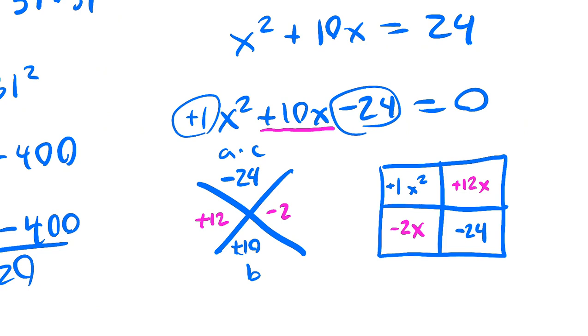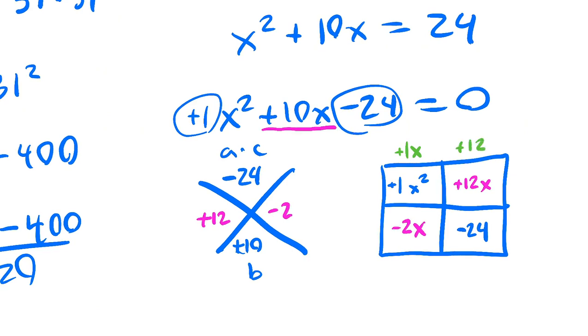Now we're just going to factor out each column. So in the first column, we could factor out a positive 1x. In the second column, we could factor out a positive 12. The sign always matches the first box in the X-box method. And then over here, on the top row, we could factor out again just a positive 1x. And on the bottom, we pull out that negative, and so we get a negative 2.